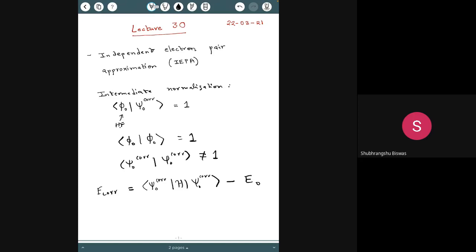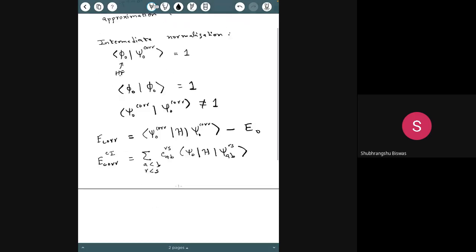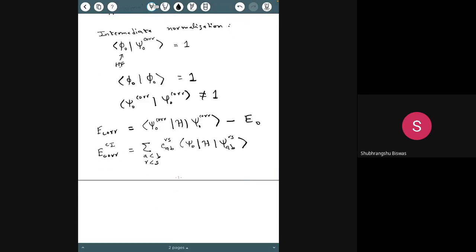Okay, and the expression for this in general for a CI function, so E correlation CI is simply a weighted sum of the contributions of the various excited determinants to the expectation value of the energy.